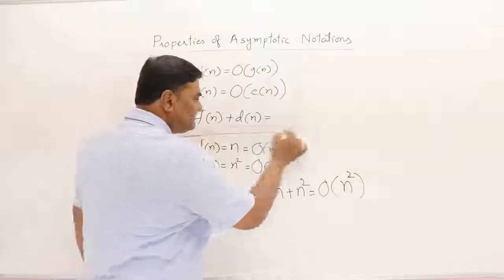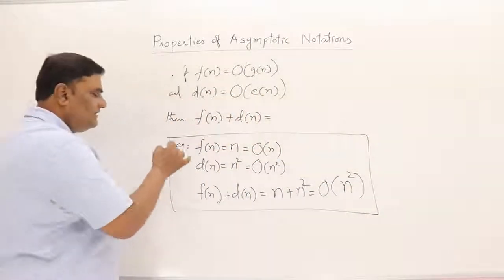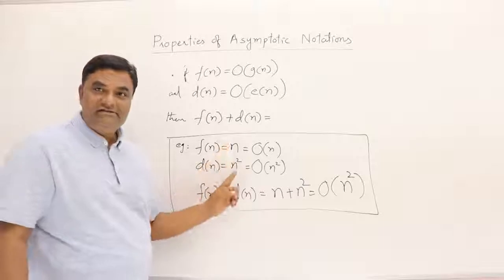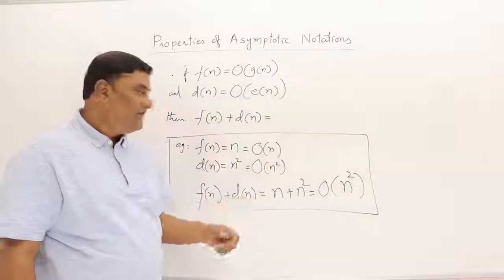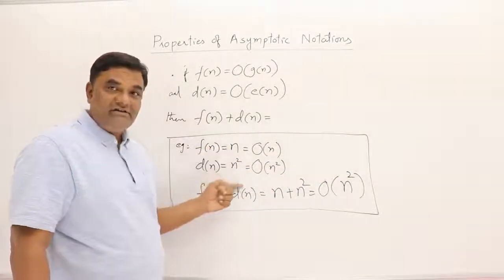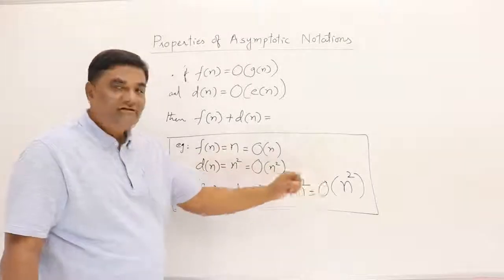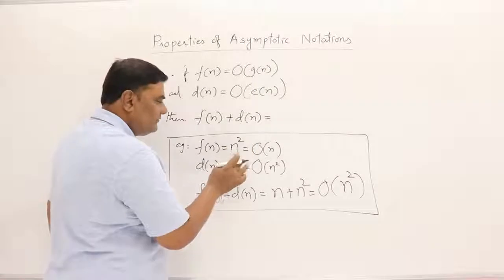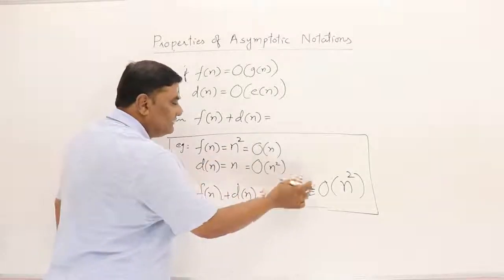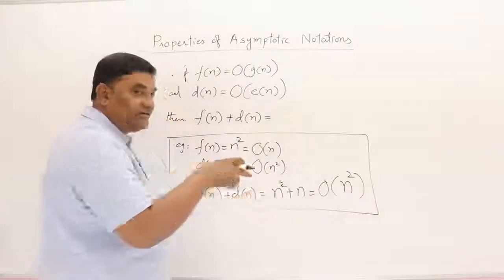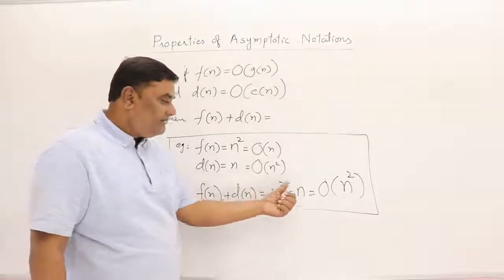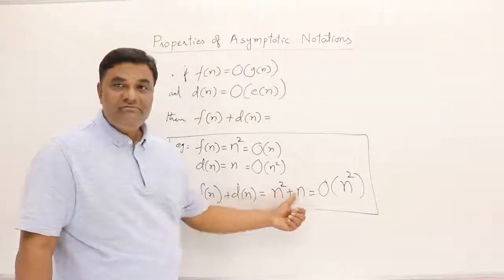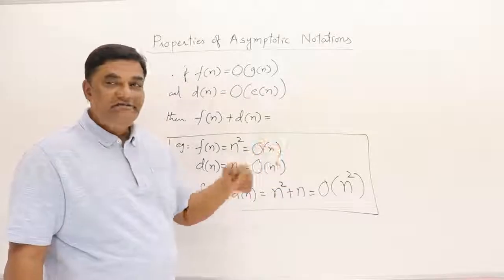As per my example, here I have taken this as n and this as n square, so n square became the answer. If suppose this was n square and this was n, then n square will again become the answer. So it means the answer will be the maximum of these two terms. Whichever is greater, that will be the answer.